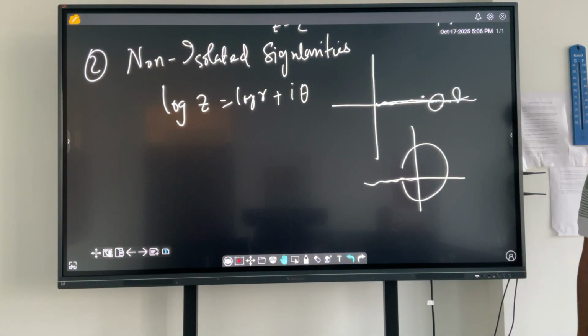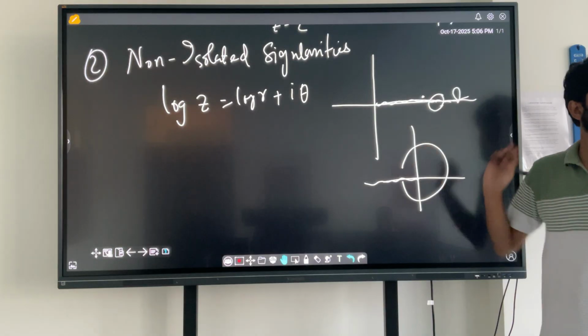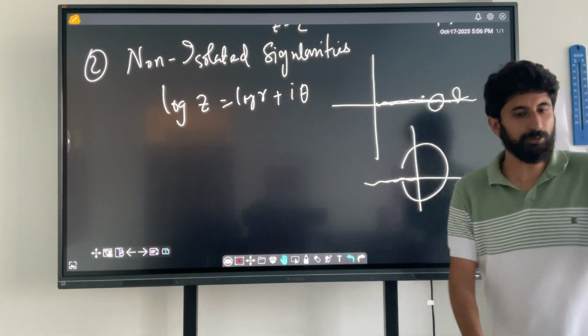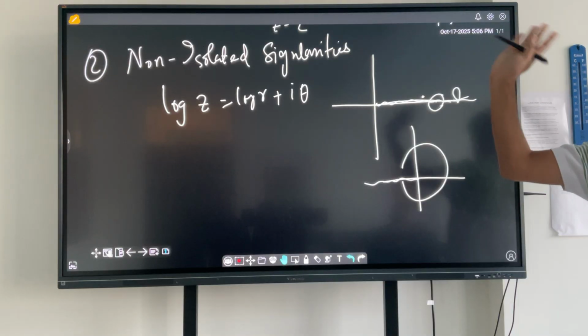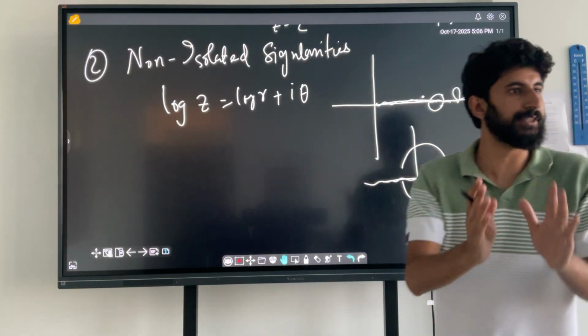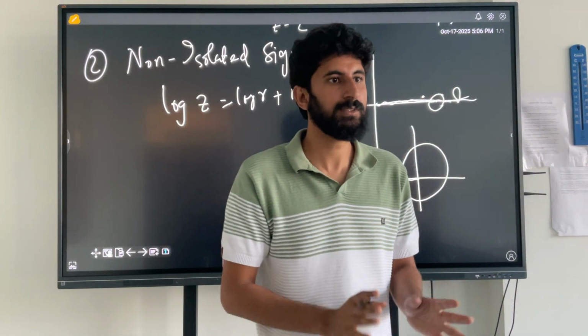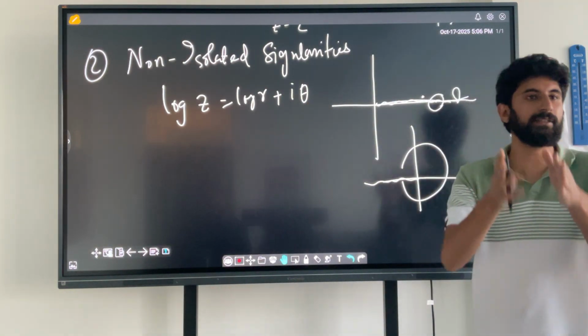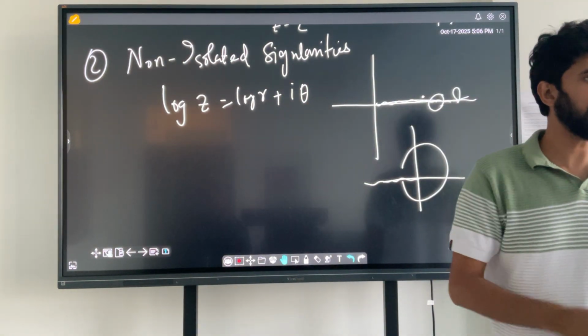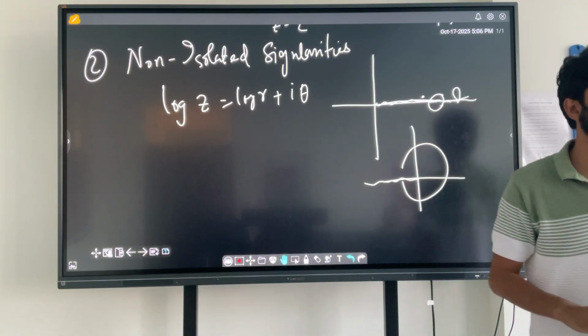Remember this choice stems from the fact that you need multiple sheets to map log z. Remember when we did mapping of log z? We needed multiple sheets. This choice comes from the way you join them. There are different ways you can join those sheets.